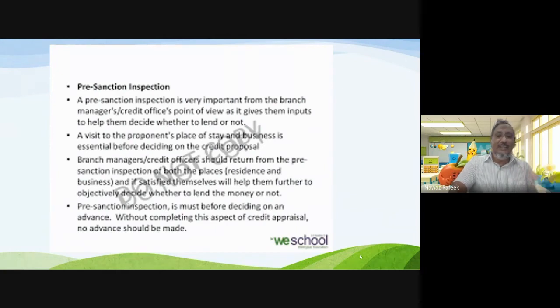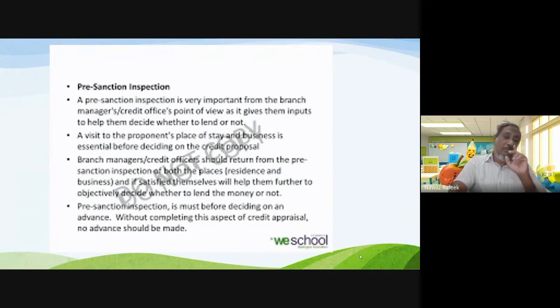Branch managers and credit officers should return from the pre-sanction inspection of both places, residence as well as business, and if satisfied, it will help them to objectively decide whether to lend the money or not. Pre-sanction inspection must be done before deciding on an advance. Without completing this aspect, the credit appraisal or advance should not be made.